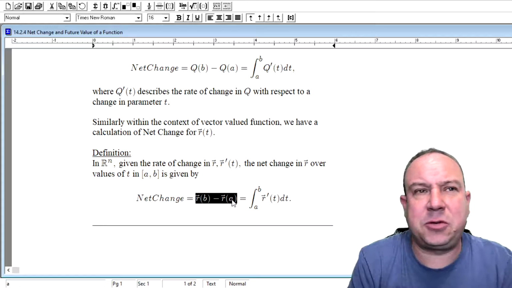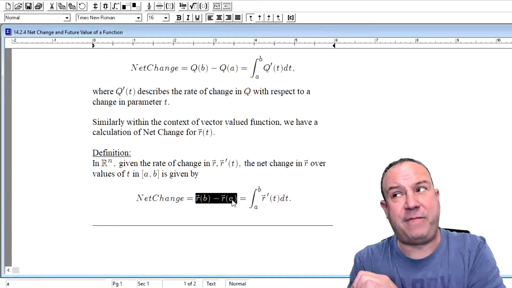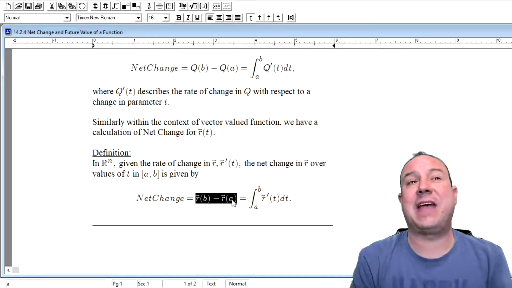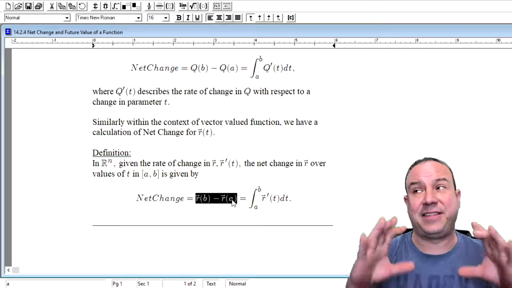It is the difference between the value of the vector valued function at the latter value of t minus its value at the earliest value of t on that interval from a to b.